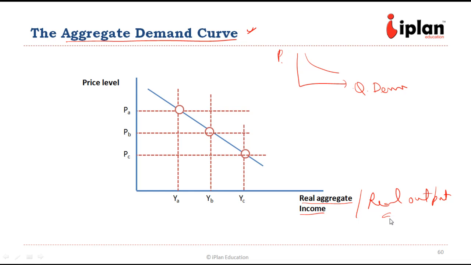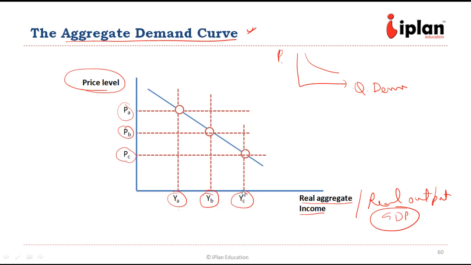And on this side we have the price level at aggregate. So we are talking about the macroeconomy as a whole. When the price is PA, higher price, the real output or income is YA. When the price comes down, the income goes up, the demand for products goes up, so economic output goes up. If the price level comes down further, the income goes up further.